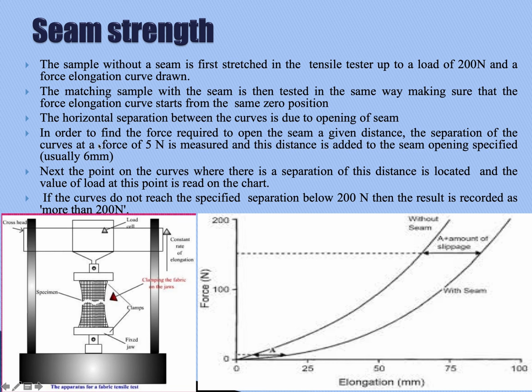It has to be ensured that the force elongation curve starts from the same 0 point. Comparison can only be made when the two force elongation curves, one without the seam and the other with the seam, start from the same 0 position. Then the horizontal gap between the two curves gives the extent of the seam opening, that is, how much the seam gets opened because of the application of force.